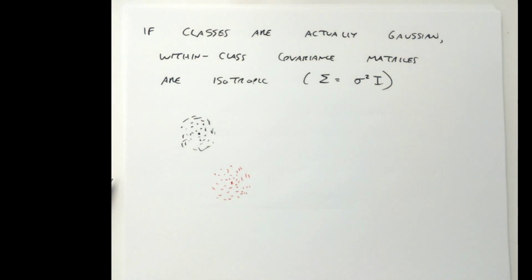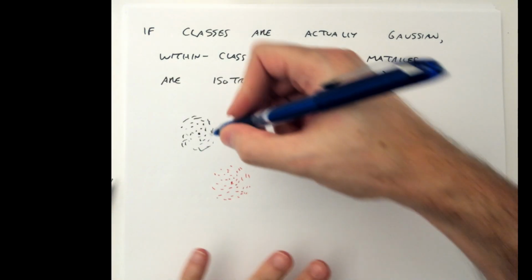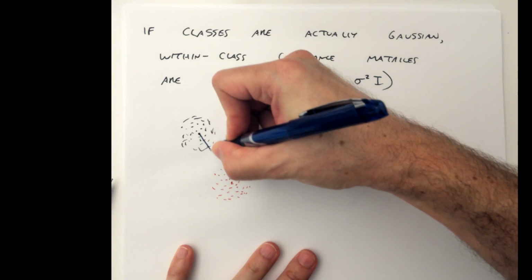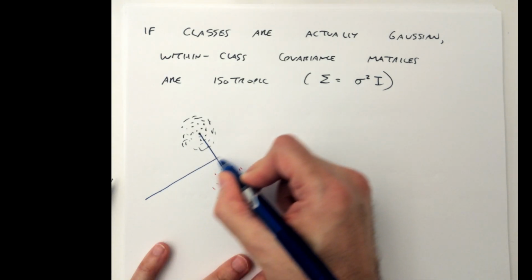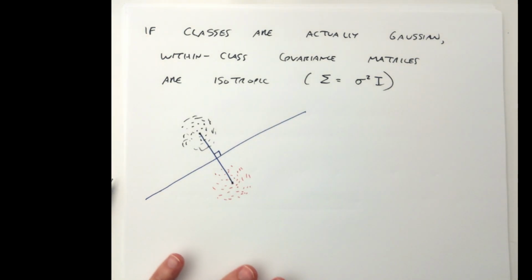one nice thing about the situation, which is pretty obvious from looking at it, is that if I draw a line connecting the cluster centers, and then draw this perpendicular line here, it seems pretty clear that the dividing line I should choose is perpendicular to the line connecting the means.